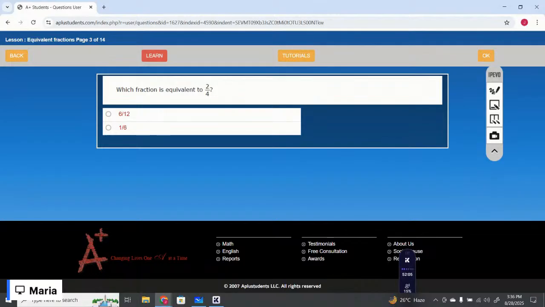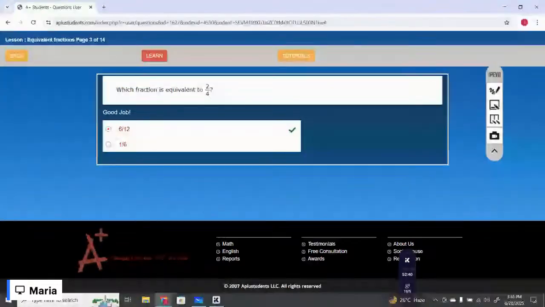Which fraction is equivalent to 2 by 4? The equivalent fraction is 6 by 12. Very good.